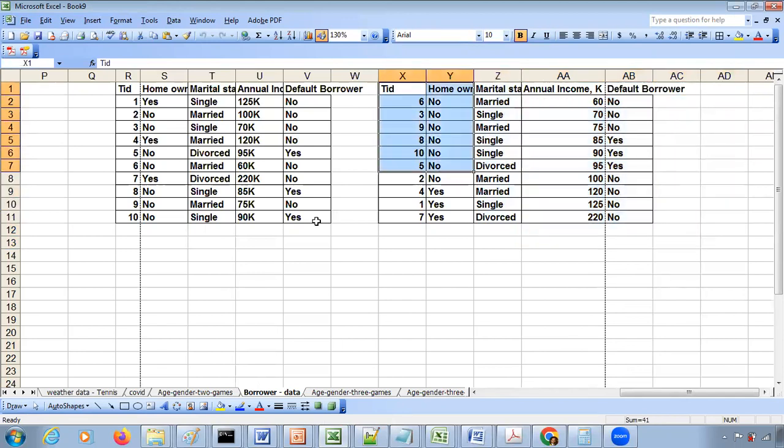So if you sort this based on the annual income, this is the sorted order and the corresponding record information. Now, you can see there's an interesting trend here. People who had relatively low income among all the records were not default borrowers, and people who had relatively higher income are also not default borrowers.